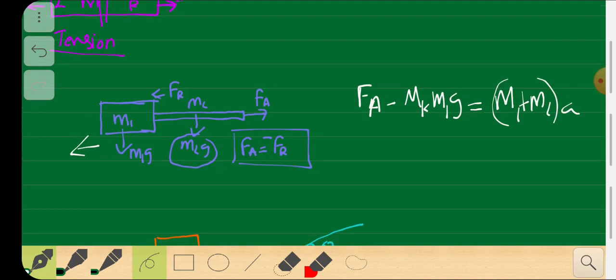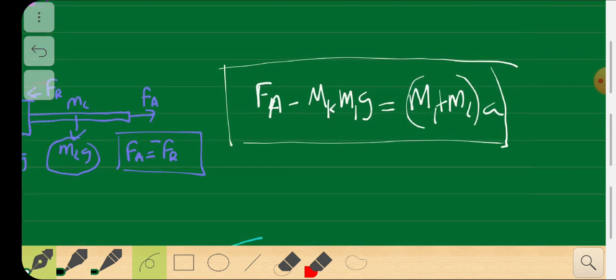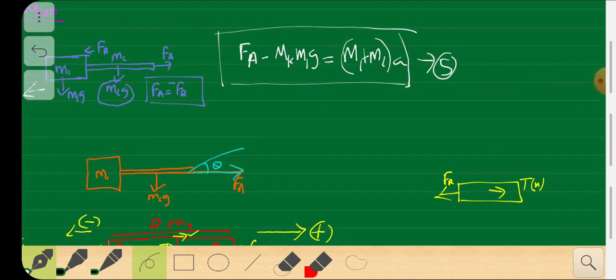So this was the standard force equation for this body collectively. Let's call this equation 5. So we have found out the tension inside a rope.